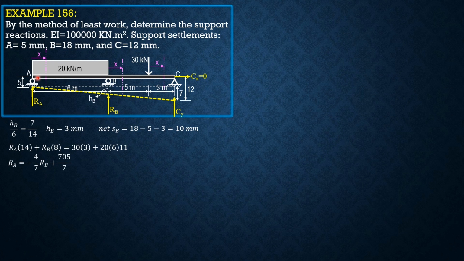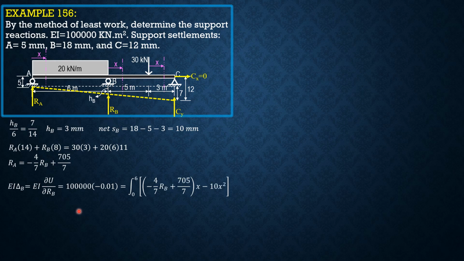Anyway, we use our calculator because that is allowed in evaluating the integrals. So EI delta B equals EI partial of U with respect to RB, which is EI, 100,000 times negative 0.01, because RB is upward and the net settlement is downward 10 mm. So they are opposing by the principle of work. It is treated negative.